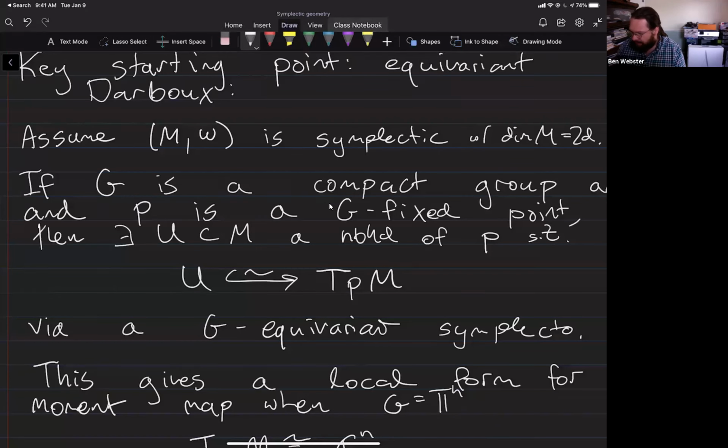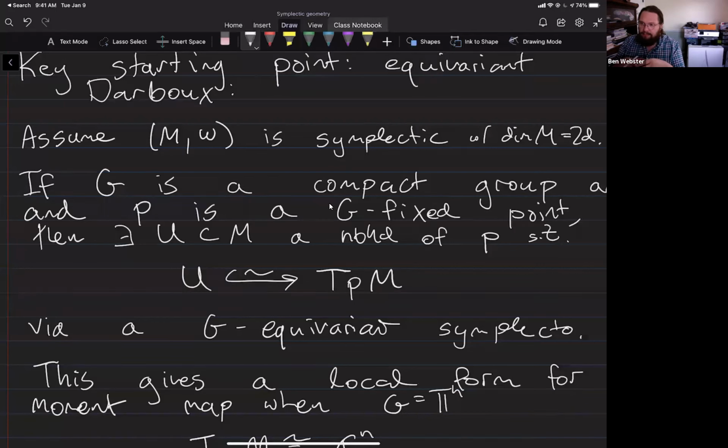So there's actually a neighborhood, it must be a G-invariant neighborhood of the point, such that it's G-equivariantly symplectomorphic to an open subset of the tangent space at p. So near a fixed point, equivariantly for a compact group, your manifold looks like the tangent space.